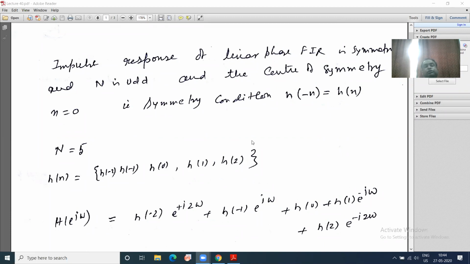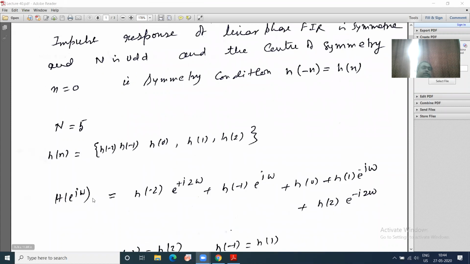Of course, with respect to 0 you are having an equal number of points, is it not? With respect to 0, the points are h(-1), h(-2), and h(1), h(2). So 2 points right of h(0) and 2 points left of 0. This is what I understand by odd value of N with symmetry about the origin.